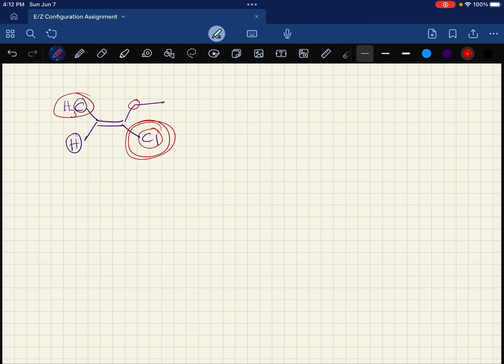Since these are on either side of the pi bond, this is going to be E. If we needed to name this one, we have a 1, 2, 3, 4, 5 carbon chain. We have a chlorine at the 3 position. So this would be E-3-chloropent-2-ene. And we would be able to draw the structure from that name.